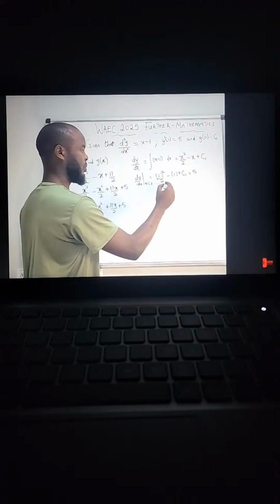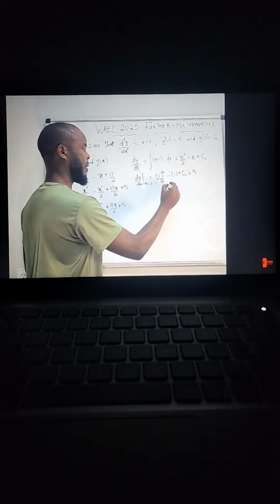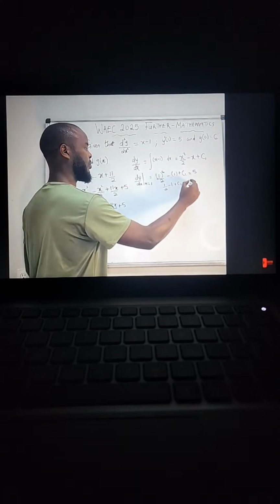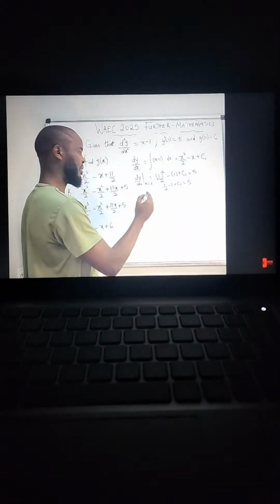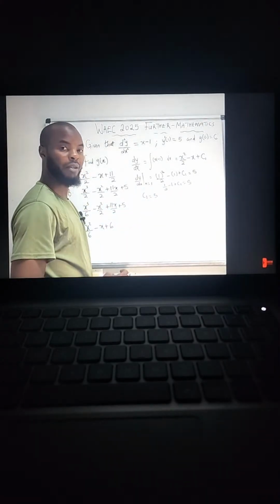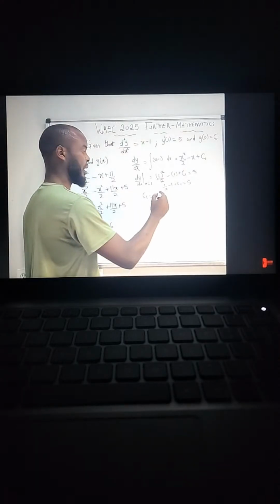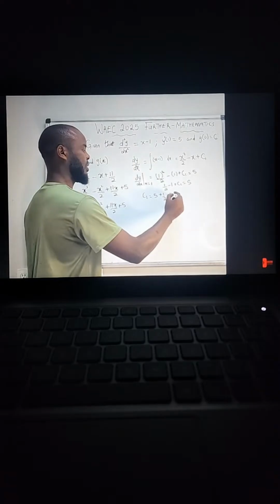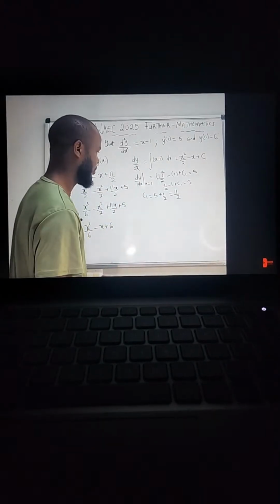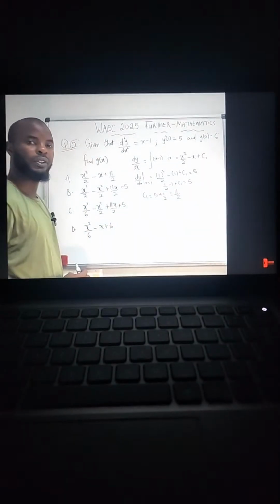Here we have 1 over 2 minus 1 plus c1 equals 5. To get the c1, here we have c1 equals 5. Half minus 1 is negative half. If you move it to the other side, it's going to be plus half. So c1 is the same thing as saying 11 over 2.